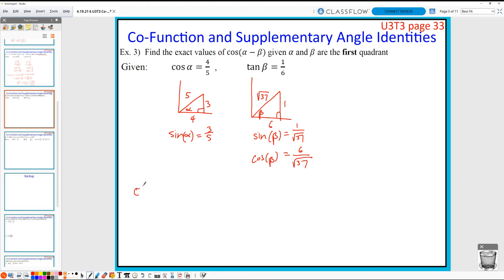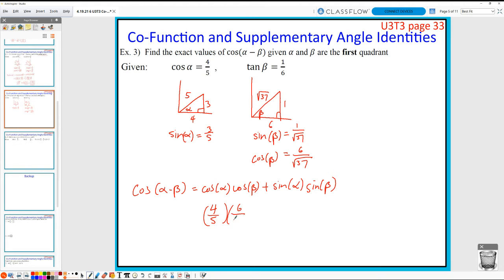So cosine of alpha minus beta, that's going to be cosine alpha, cosine beta, the signs won't match, so plus sine alpha, sine of beta. Okay, cosine of alpha is 4/5.